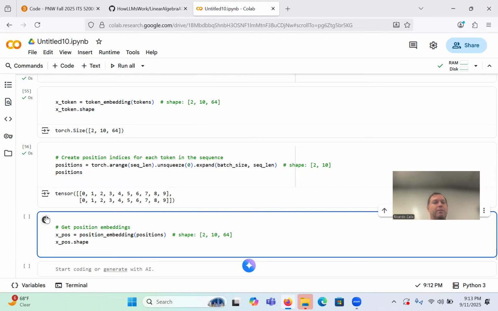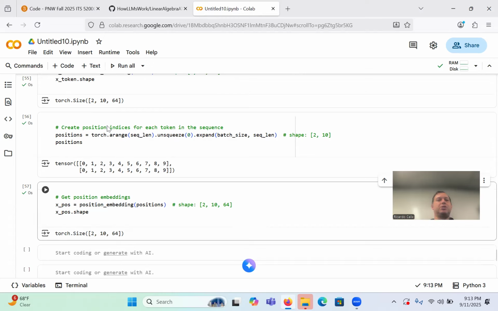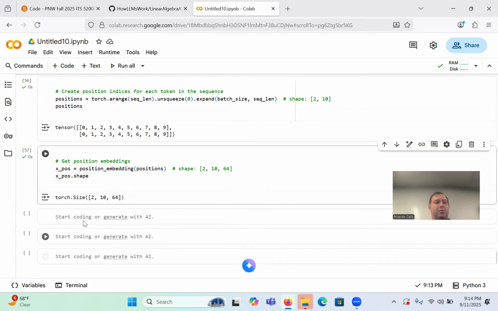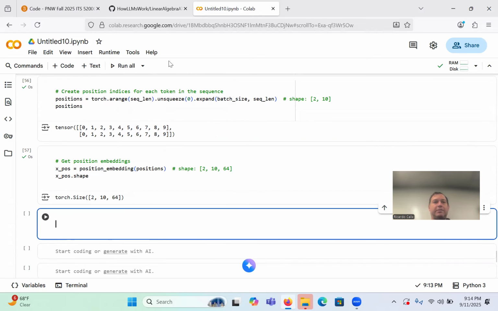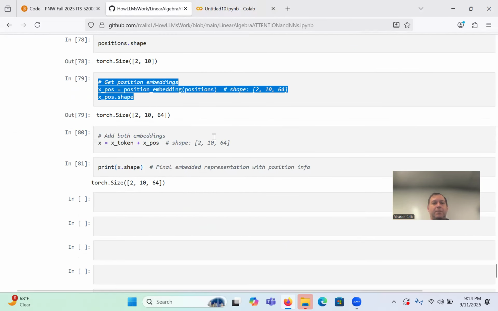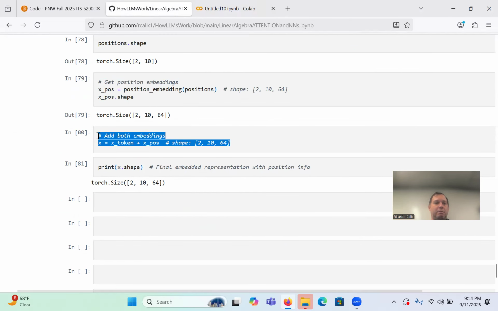So I run it here, and guess what the shape is? 2, 10, 64 for the original one, the normal embedding, and 2, 10, 64 for the positional encoding. So essentially two tensors of the same dimensions that I can easily add together. And that's literally what they do next. You can see that right here.